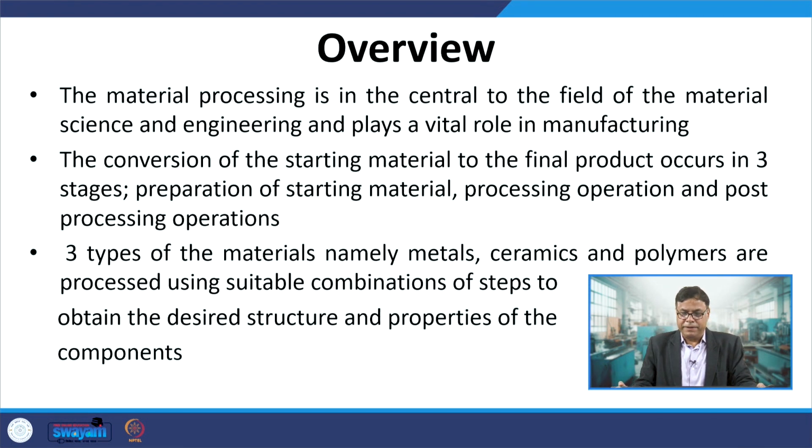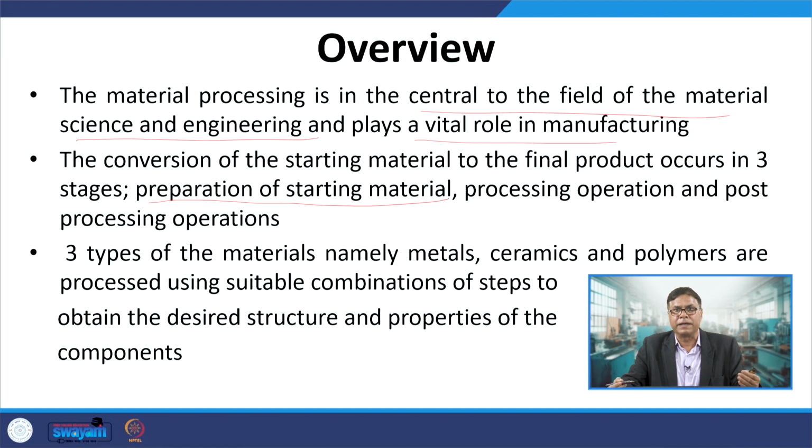Material processing is central to the field of material science and engineering, because it forms the basis for realizing the desired structure and properties, and that is why it plays a vital role in manufacturing. Conversion of the starting material to the final product occurs in material processing through three stages. One is preparation of the starting material, where suitable changes in the raw material are brought in.